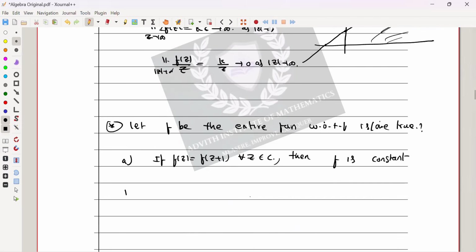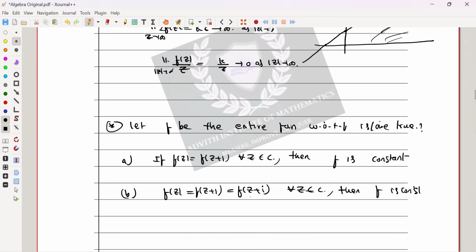B, if f of z is equal to f of z plus i for all z belongs to C, then f is constant.